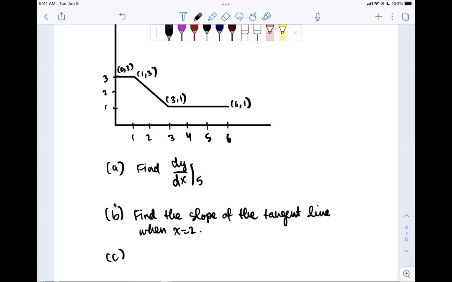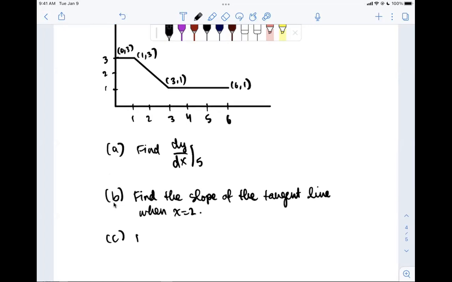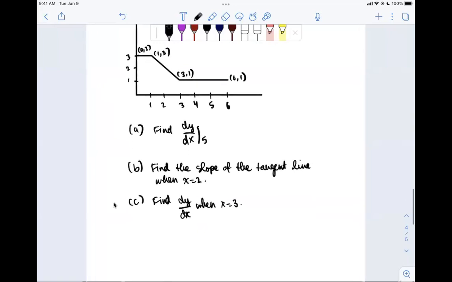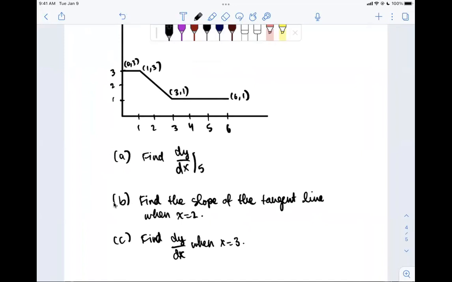And finally, find dy/dx when x equals 3. So I'll give you a moment. Part C is going to be especially tricky, and it's something we haven't actually discussed before. But see if you can guess what the answer is.